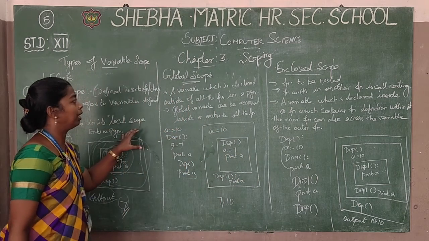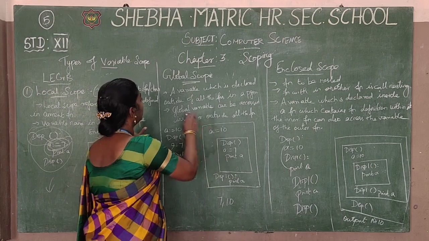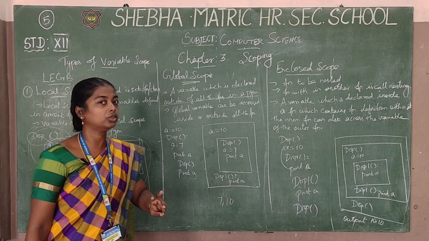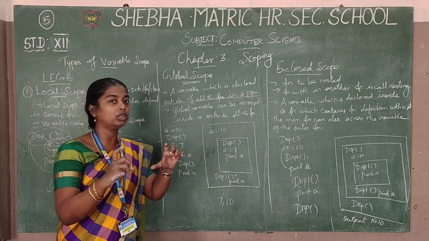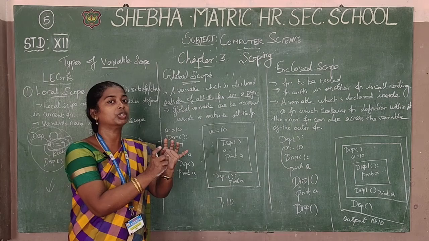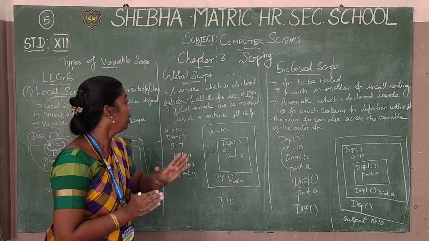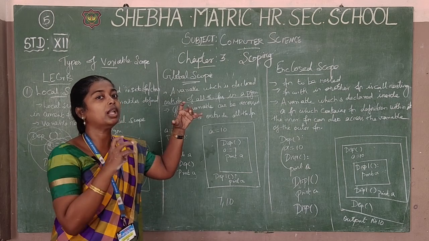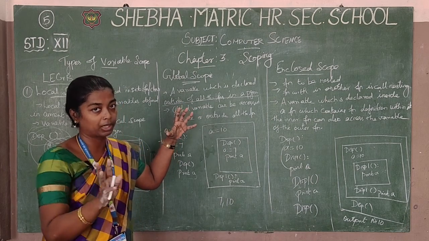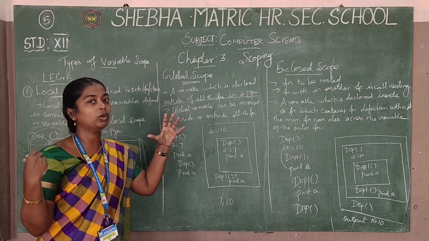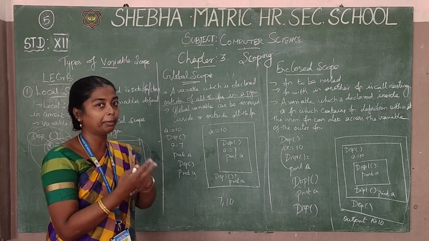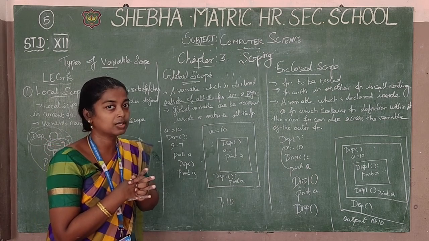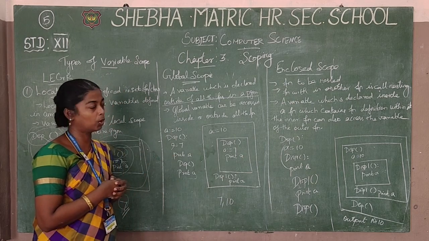Another one, global. Global scope is declared outside of all functions in a program. The local function, as I said, is declared only in a particular function and can be used only within it. What is global? Declared outside, it can be used anywhere in the program, and the variables can be used anywhere. Global is like a state-to-state bus, while the local bus runs only in a particular area. So it is called global scope.